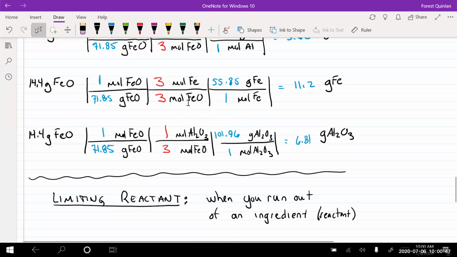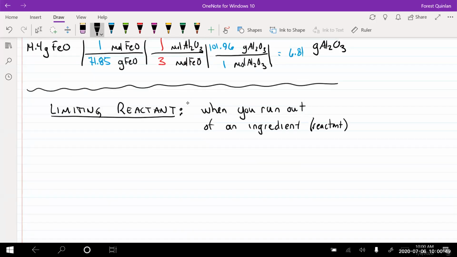So, here we go. We have 3 hydrogens plus a nitrogen. One of my workhorse equations here. I like it because the ratios are not equal.